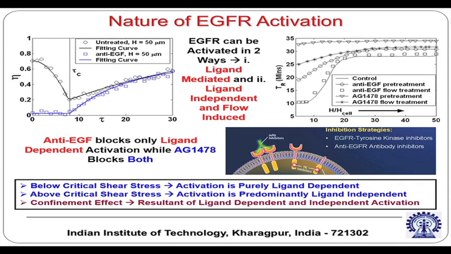The ligand is the EGF, so it is basically called a ligand receptor model. The ligand itself binds with its receptor, that is the EGF receptor or EGFR. You can use some anti-EGF which blocks only the ligand dependent activation, and you can use a chemical which can block both ligand dependent and ligand independent, flow induced activation.